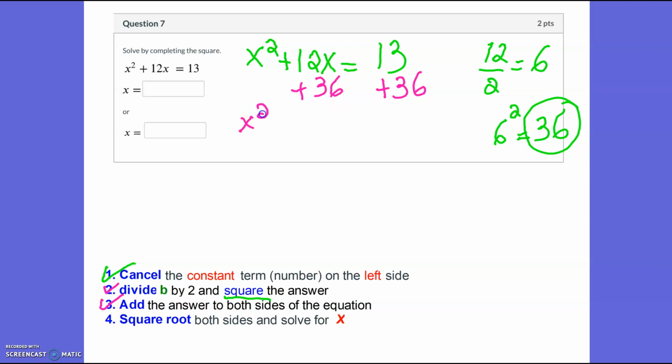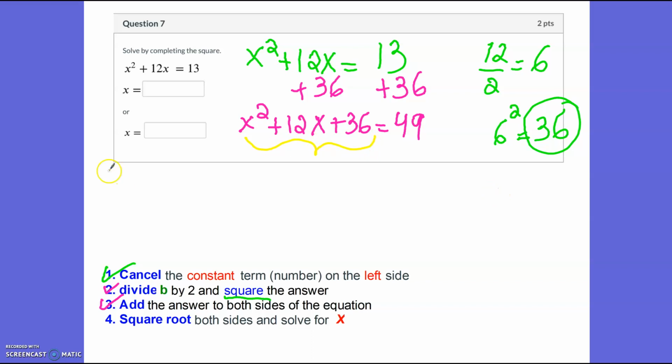So now I have x squared plus 12x plus 36 equals 36 plus 13, which is 49. So in order to square root both sides, I need to see if this equation is a perfect square.